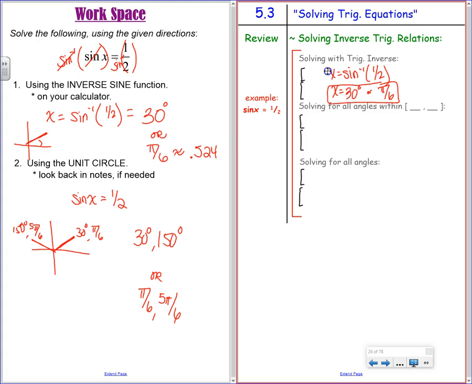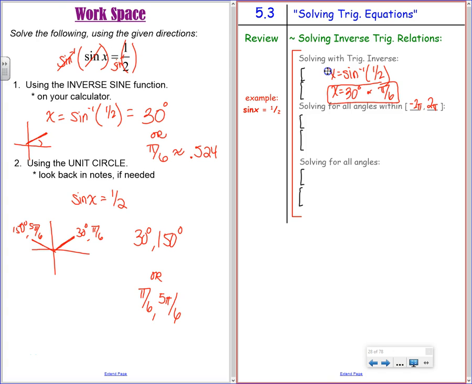Now, what if they were to give you something like solve for all angles within negative 2 pi to 2 pi? They give an interval, negative 2 pi to 2 pi. First of all, they're telling you to only do radians, because negative 2 pi to 2 pi is going to be radian measures, not degrees. That means they don't just want the one answer the calculator will give you.